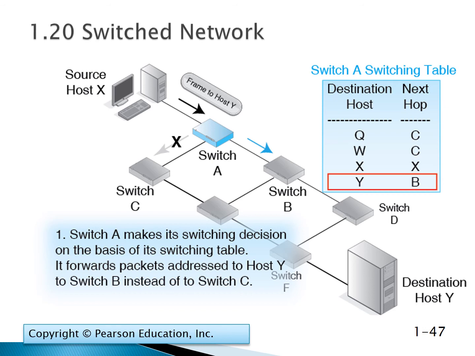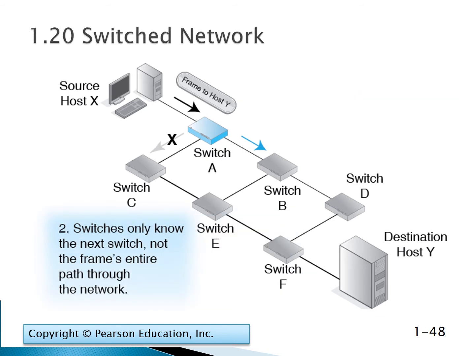Later, in later chapters, we will talk about how the switches actually come up with this table. But for now, you can just suppose the table is already given. So you will forward the packet addressed to host Y to switch B instead of switch C based on the table. Switches only know the next switch, but not the frame's entire path through the network.